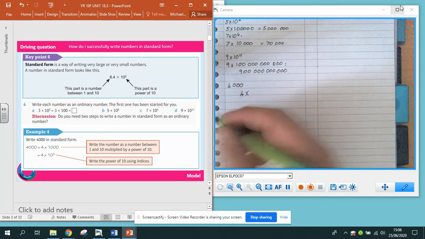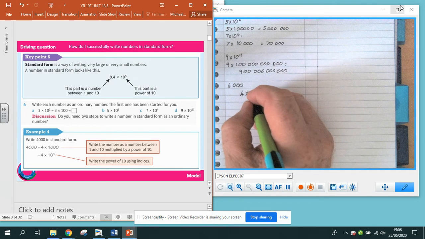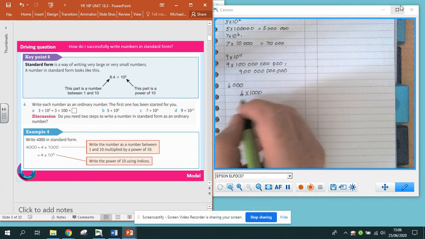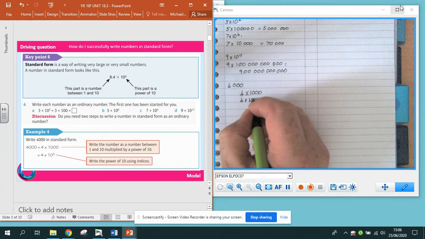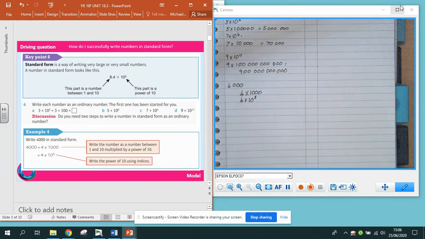What do I multiply 4 by to make 4,000? Obviously it's 4 times 1,000, and 1,000 as a power of 10 is 10 to the third. So that's writing a number in standard form.